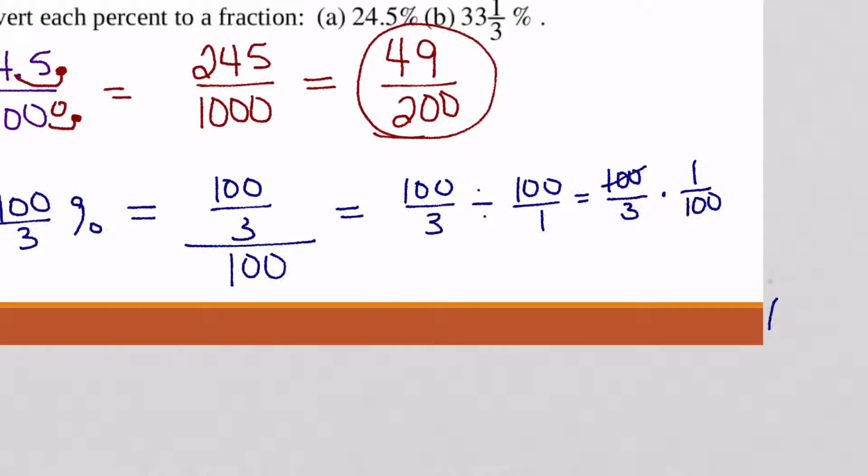Notice how now the 100s will cancel each other out. So now multiply straight across. 1 times 1 is 1. 3 times 1 is 3. So 33 and 1/3% actually turns into 1/3.